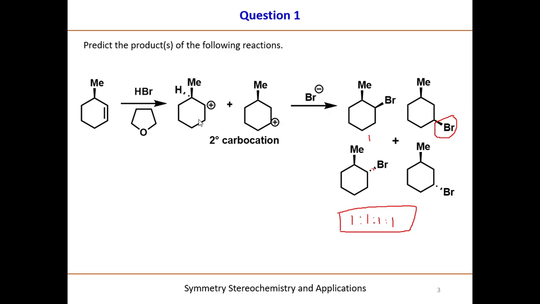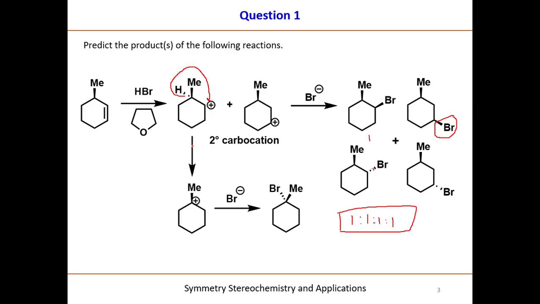if carbocation formation takes place here at the second position of the methyl group, then a hydride transfer reaction will take place. Hydride transfer takes place here, because the driving force for this hydride transfer is the stability of the carbocation. So a tertiary carbocation is more stable compared to the primary and secondary carbocation.